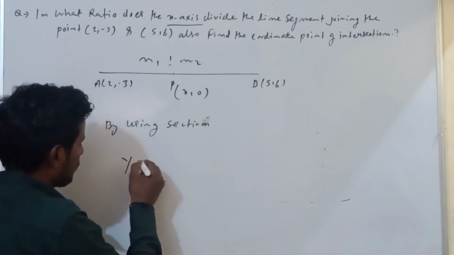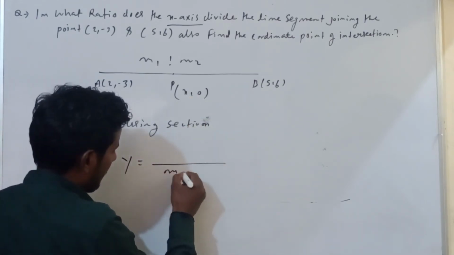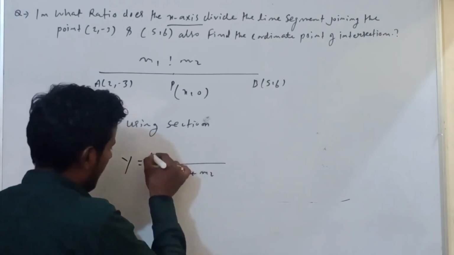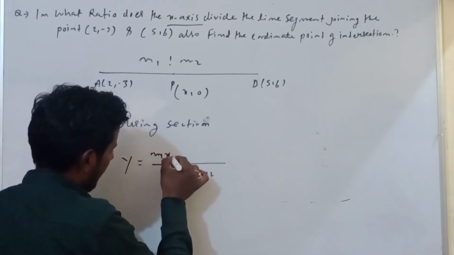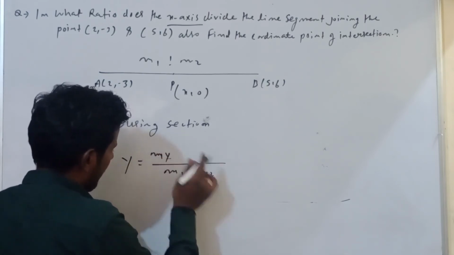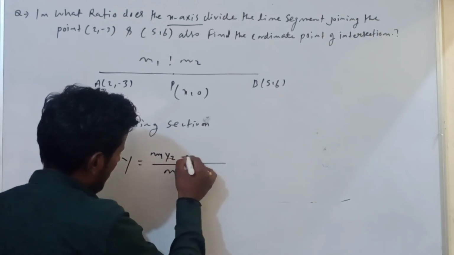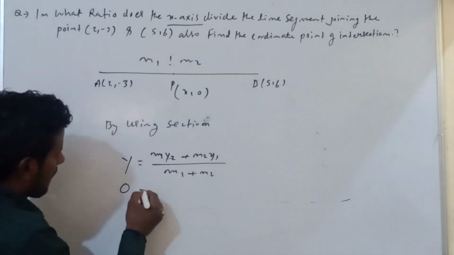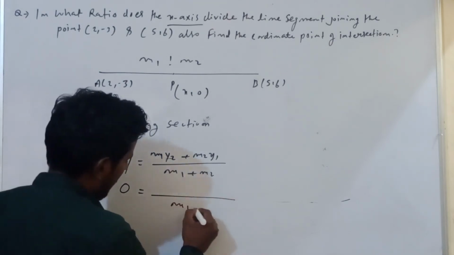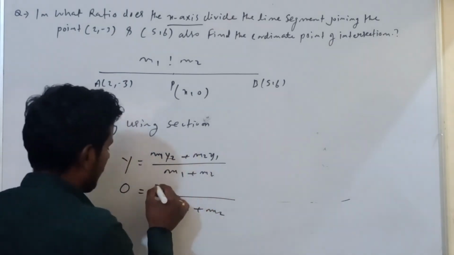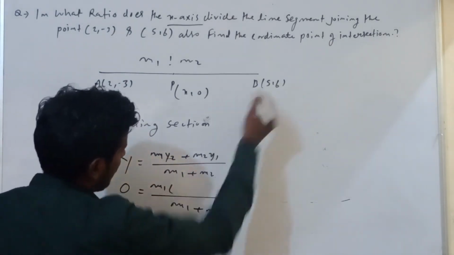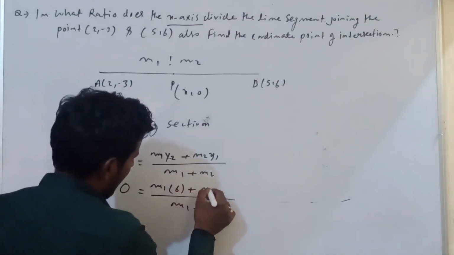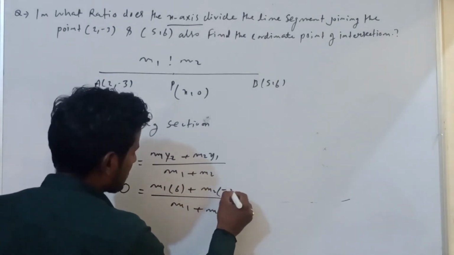So we use the y coordinate: 0 = (m1 y2 + m2 y1) divided by (m1 + m2). The value of y2 is 6 and the value of y1 is -3.